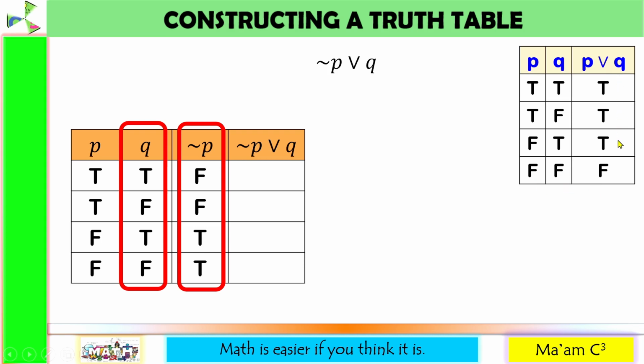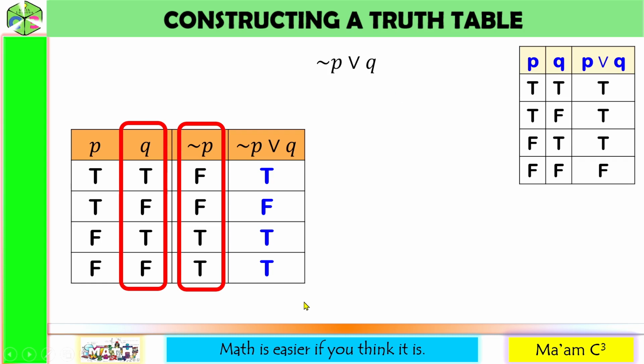Otherwise, it is always true. So here we have true, false. Therefore, this is true. This one, both false. So this is false. This one, both true. So this is true. This one is false, followed by true, and this is also true. This is now our answer for not P or Q.